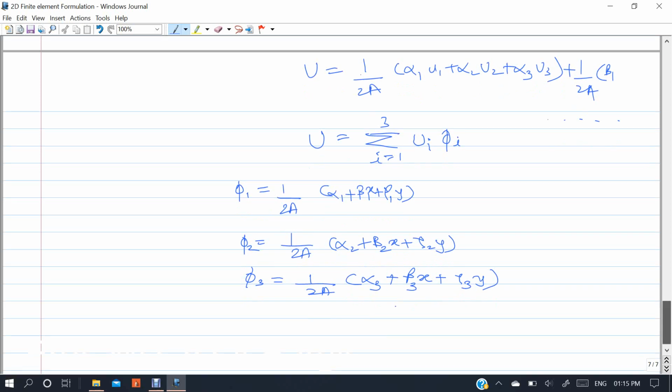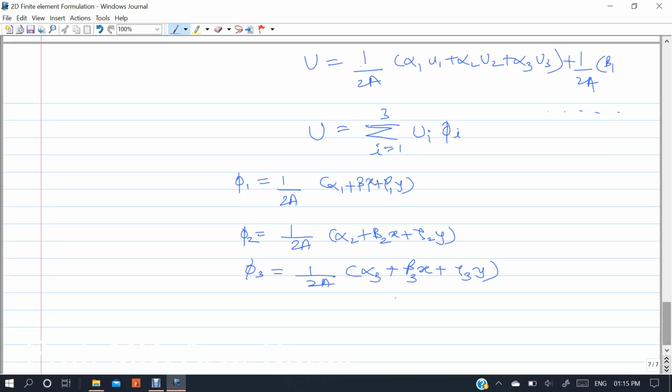If they ask in the problem for derivatives of phi 1, phi 2 and phi 3, it will become like this. Derivative of phi 1 by dx equals beta 1 divided by 2A, and for y, derivative of phi 1 by dy equals gamma 1 upon 2A.